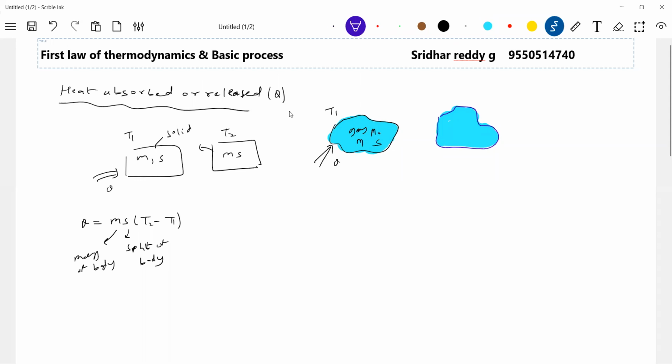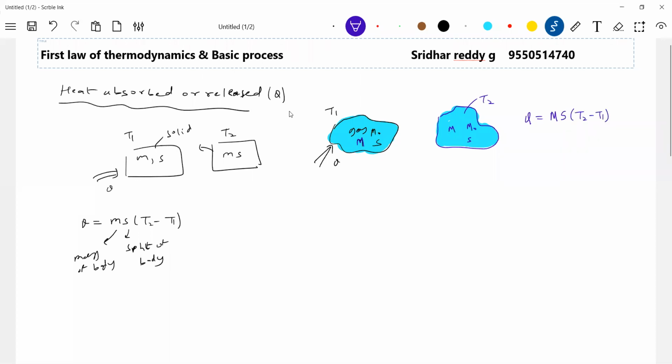The mass will remain the same. Capital M we were using, no? M naught S. The final temperature, let it be T2. Then what is the formula here? Q equal to mass of gas into specific heat of gas into change in temperature.